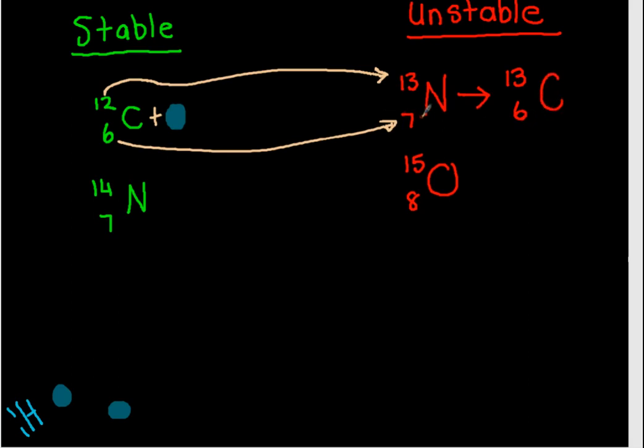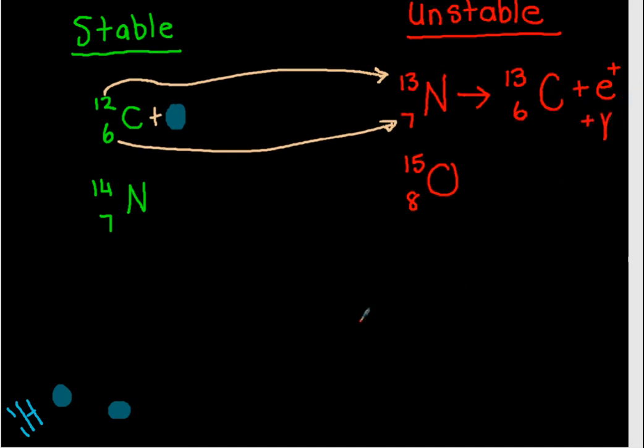So you can see what happened here is that a proton actually changed into a neutron. So the mass number stayed the same, and that's the difference between beta positive and beta negative decay. So here we've got a carbon atom now, which is pretty stable, but with that it sends out a positron and an electron neutrino.